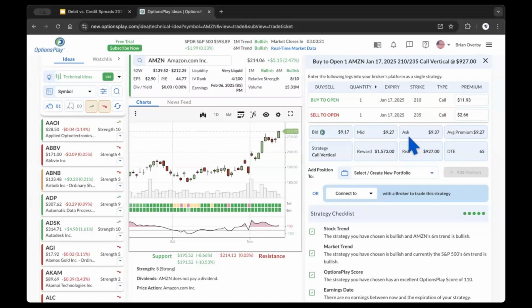And that's the way I would look at it. And right from the platform, you can hit connect to first trade and you can send that trade to the trading floor at a net debit of $9.32. But usually when we're doing examples, we just work off of the mid because the midpoint fill is feasible when you're doing spreads. Pretty much straightforward.